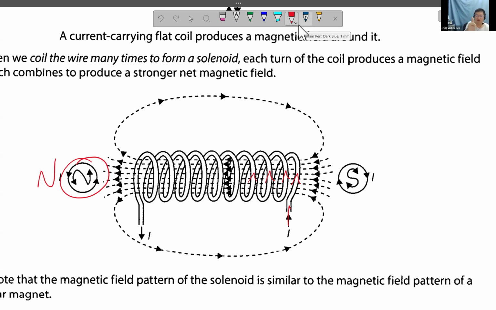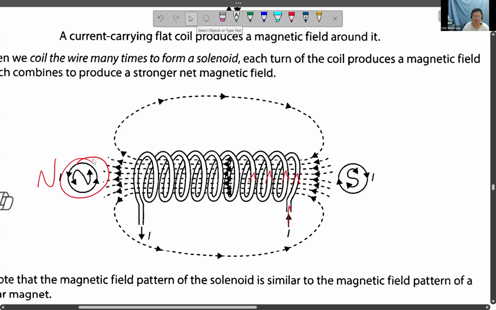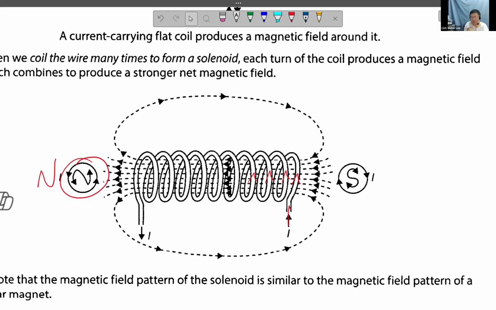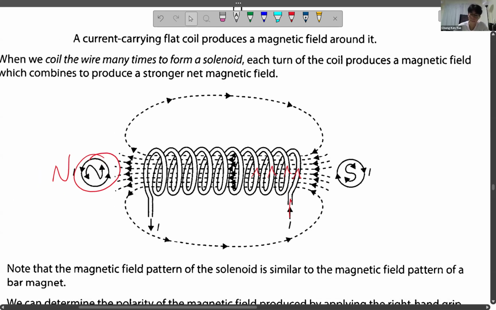If the thumb is current flow, the fingers will be the magnetic field line. If the fingers are current flow, the thumb is magnetic north. There you are. Think and then ask me if you have questions. Okay, I want you to use your right hand.